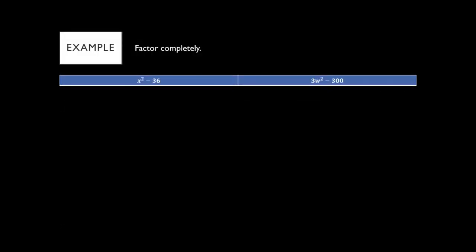I've got several different examples here, and I'm going to go through them and show you the tips, tricks, and things you've got to look out for. I'm going to start by writing the formula for the difference of squares up here so you have something to reference.